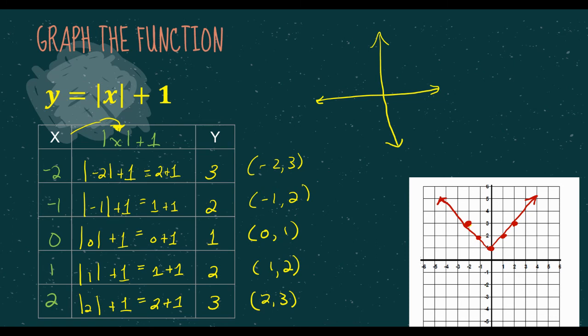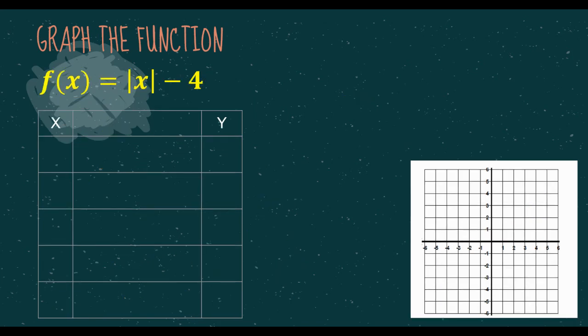I could do better than that. There we go. Make sure you have arrows at the end, and here's our vertex. Right there. You can hit pause if you need more time.